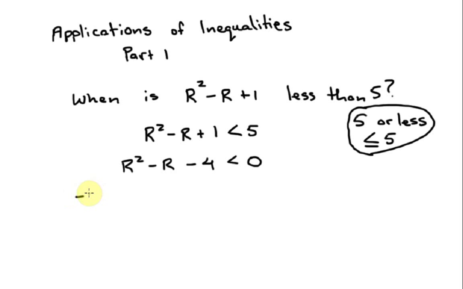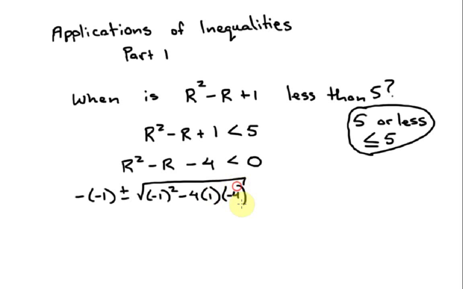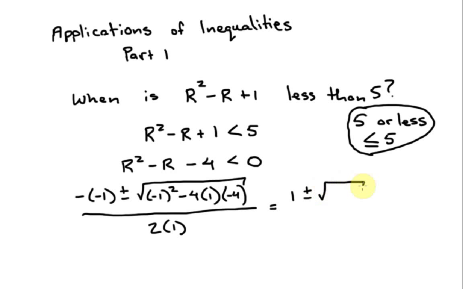So I've got negative 1, there's my b, plus or minus the square root of b squared, so negative 1 squared, minus 4 times a times c, and that's all over 2 times 1. So we go ahead and solve this. We get 1 plus or minus the square root of all over 2.